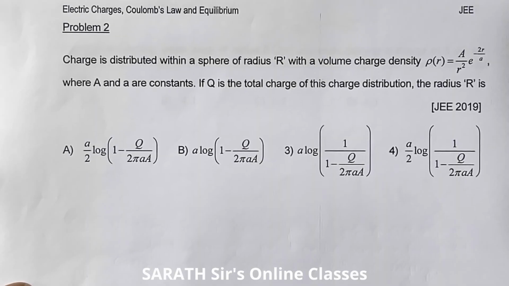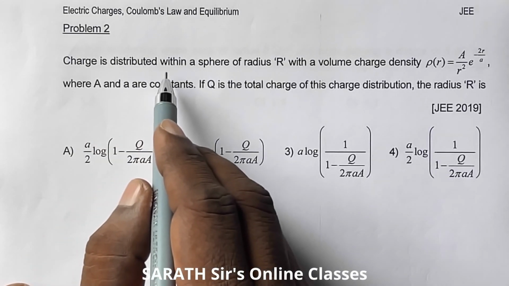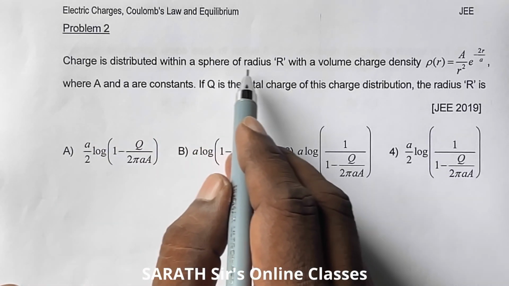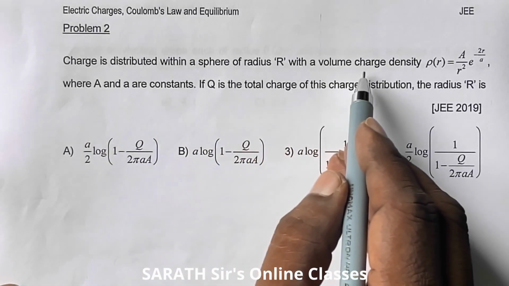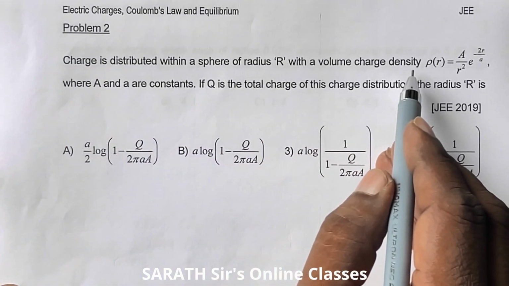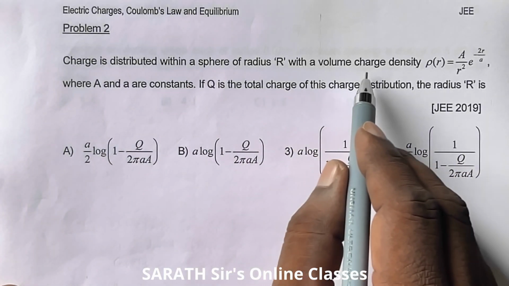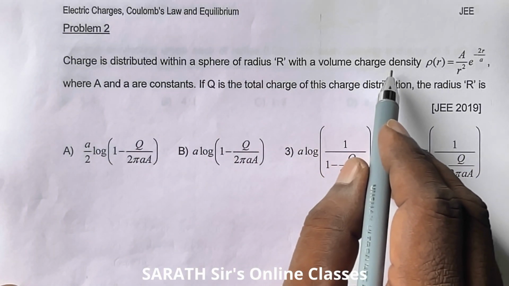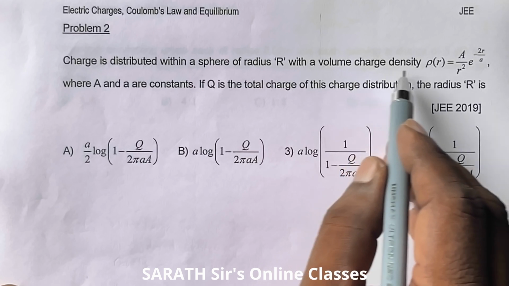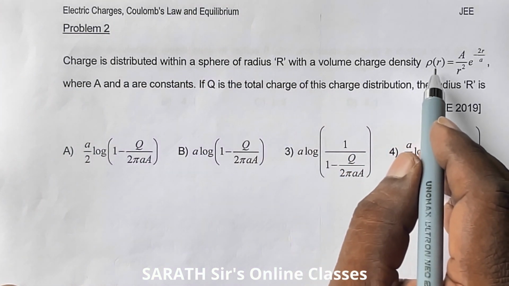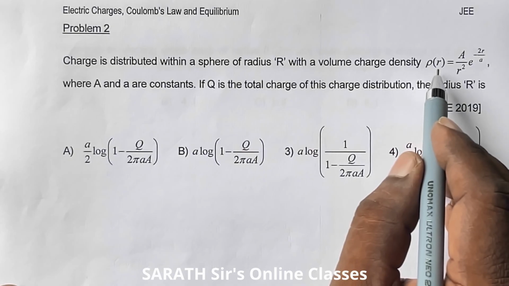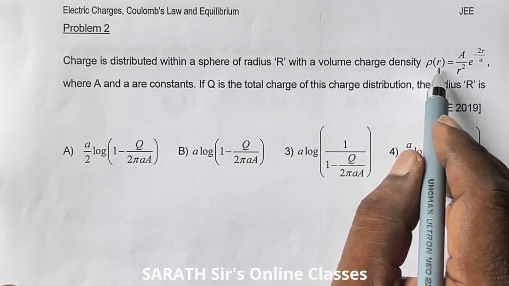In this problem, charge is distributed within a sphere of radius R with a volume charge density. Since he is mentioning volume charge density, it means it is a non-conducting sphere. The density is a function of r, the distance from the center of the sphere.